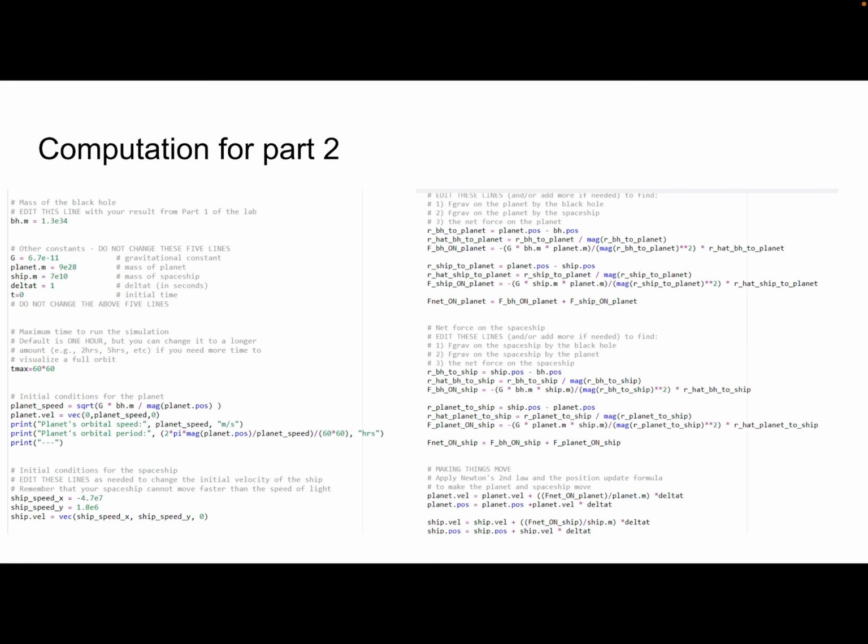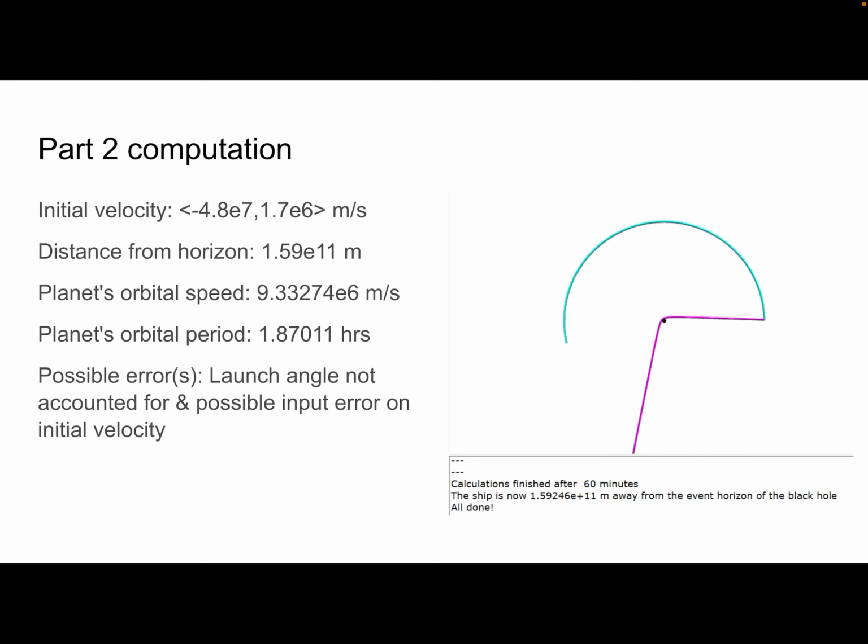Now, for part two, this is the coding that was used. The most important part is that the F of g formula was used extensively here, as seen on the second image to the right. And here are the results of part two.